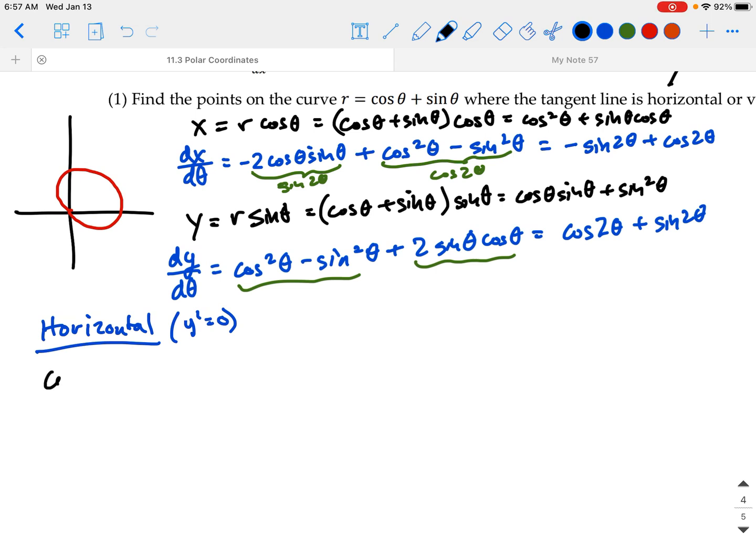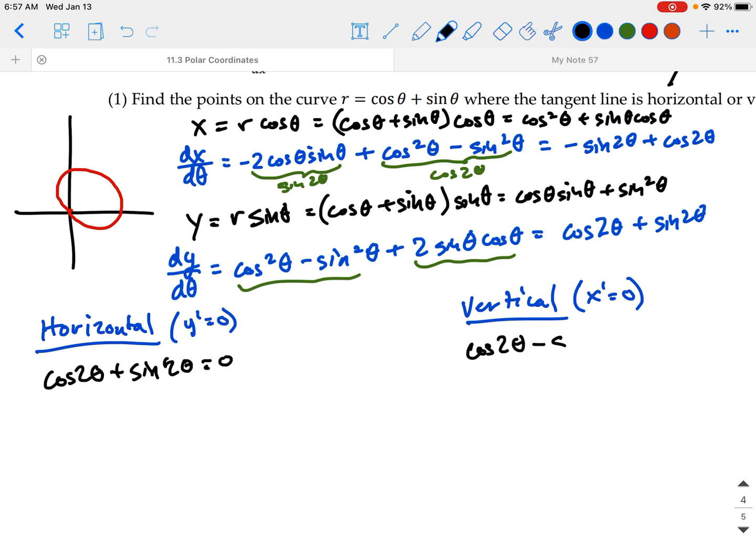So that's going to be cosine 2 theta plus sine 2 theta equals 0. And then on this side, we can put the vertical case. That's where dx d theta is going to be equal to 0. And that's going to be cosine 2 theta minus sine 2 theta equals 0.